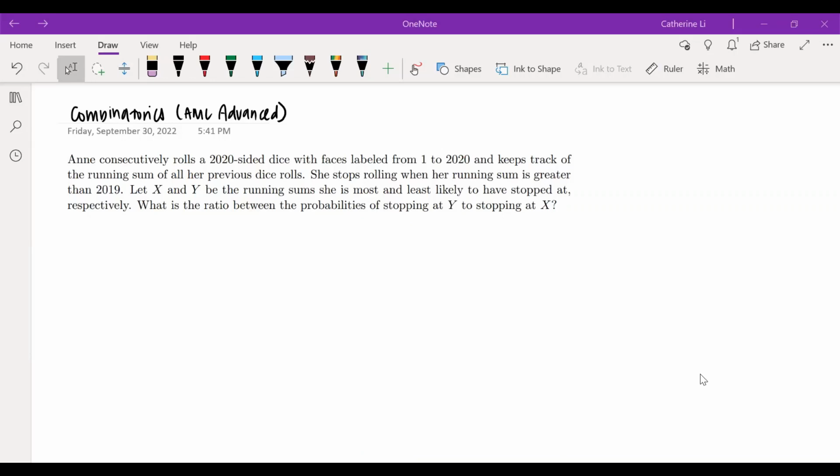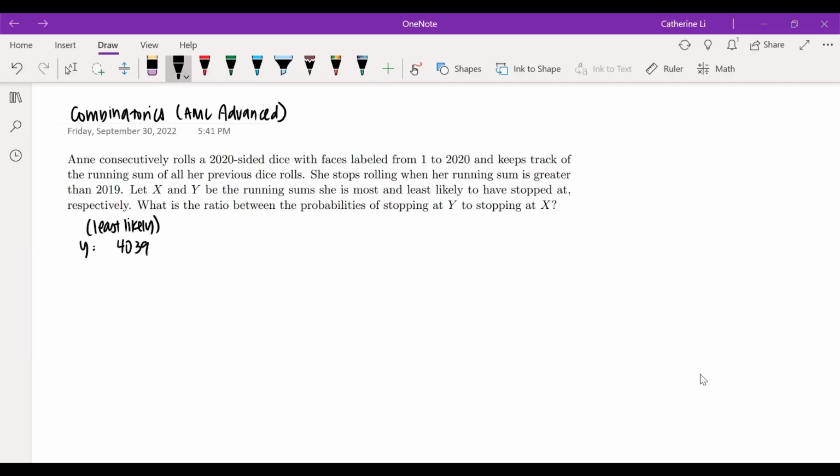So what we're going to notice is that the least likely, which is y, is going to be 4,039. So y is the one we're least likely to stop at.